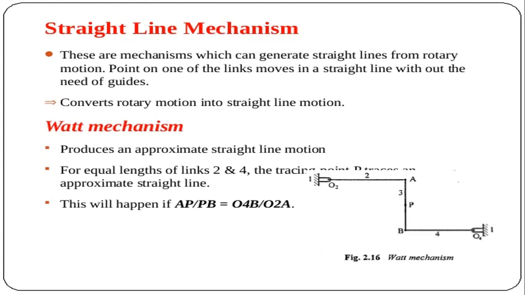That is the basic point in these straight line motion mechanisms. These mechanisms convert rotary motion into straight line motion. That is the aim of the straight line motion mechanisms.